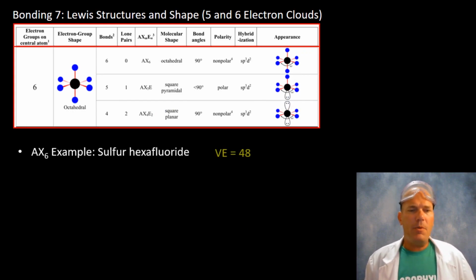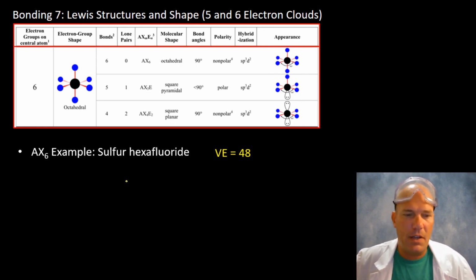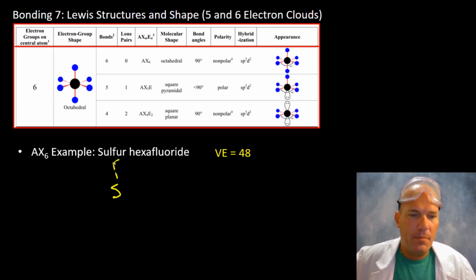So this example, we're going to do sulfur hexafluoride, and it has 48 valence electrons. So sulfur, and that's 6. So little skeletal structure here. I hope the video is paused or you just unpaused it.